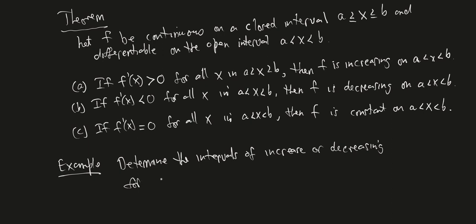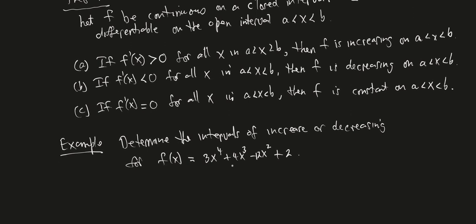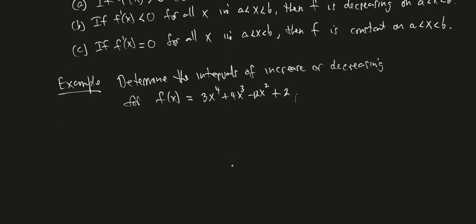So let's say our function is, let's take a polynomial like 3x to the fourth plus 4x cubed minus 12x squared plus 2, right? And that's all we're given, right? And we have to determine the intervals for x for which this function is either going up or going down, right? And again, we're going to use our derivative to give us the precise solution, right?